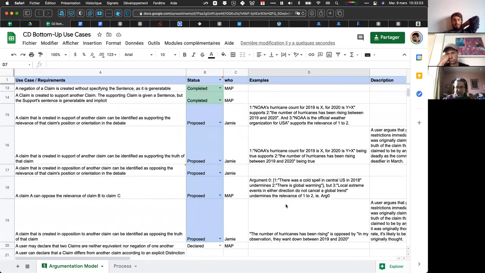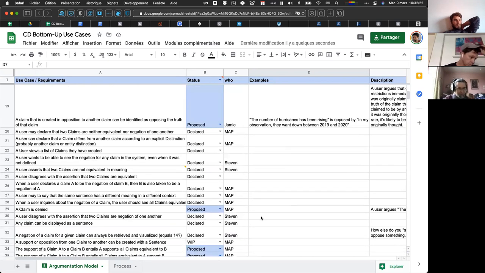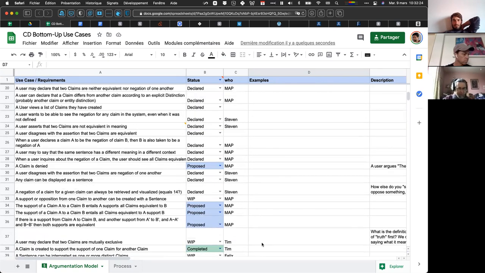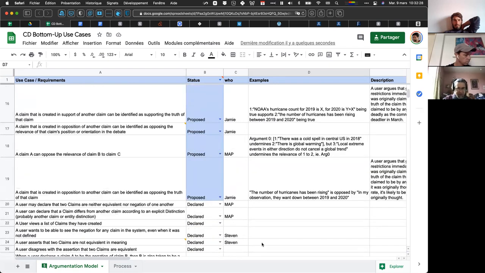There's some stuff that is more usability and human operation level. There's some that is at the modeling level. That is what we're doing now. Well, not data modeling, but argument modeling. Anyway, there's a lot happening here that is mixed.